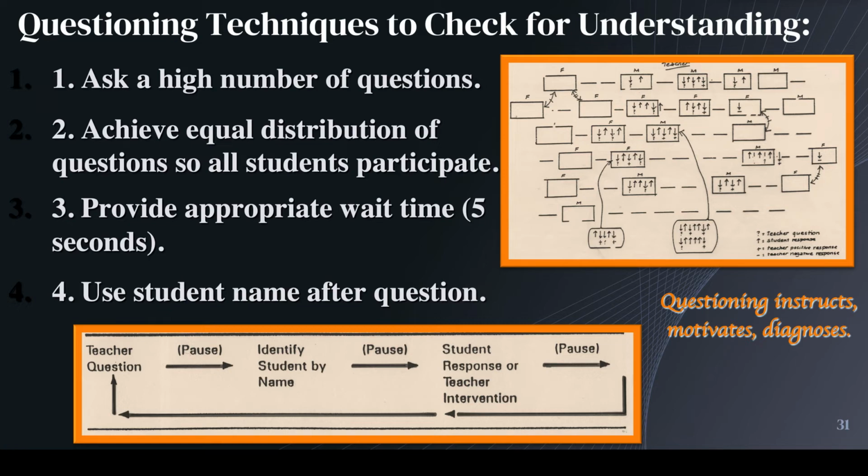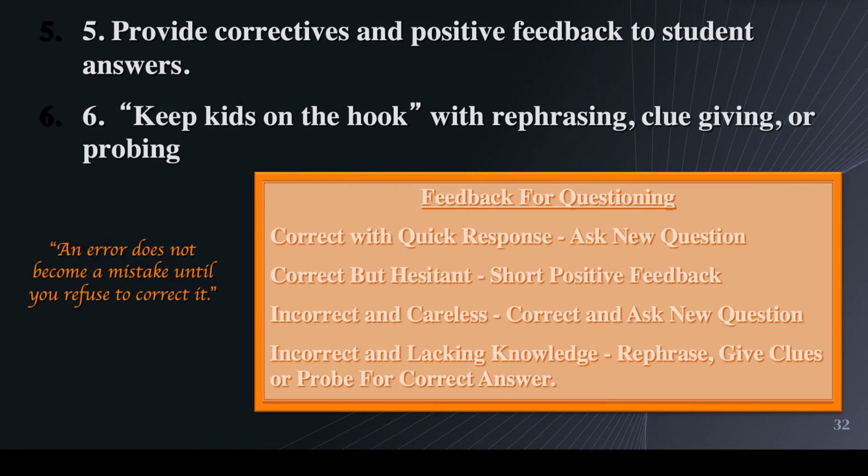What you want to move away from are blurt outs, where the one or two kids in your class always answer the question. So move away from kids simply blurting out or raising their hands, and ask the questions with equal distribution. If a kid gets it incorrect, you're going to provide correctives. If they get it correct, sometimes you give positive feedback.